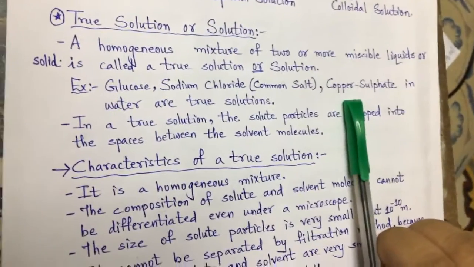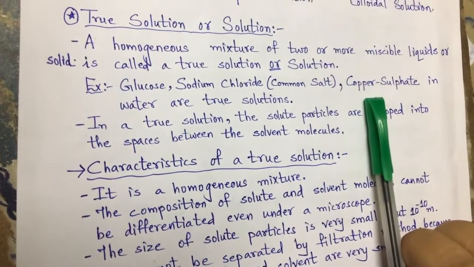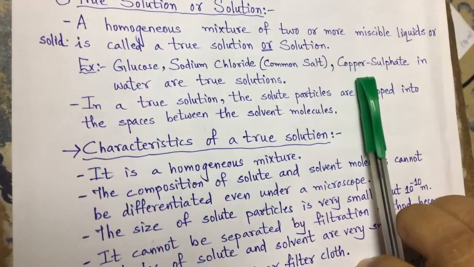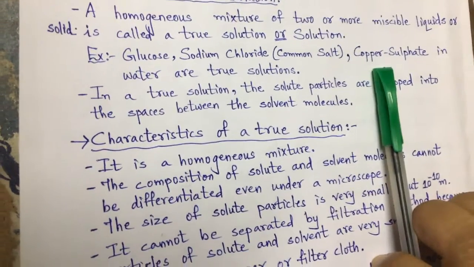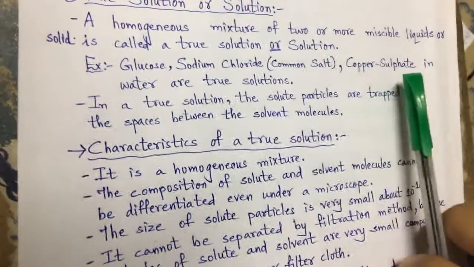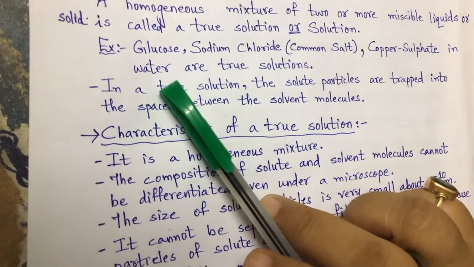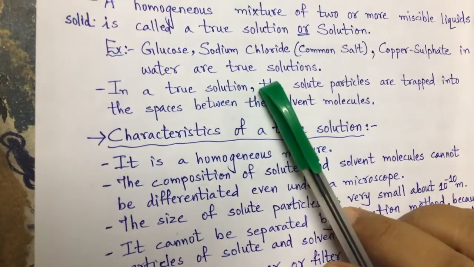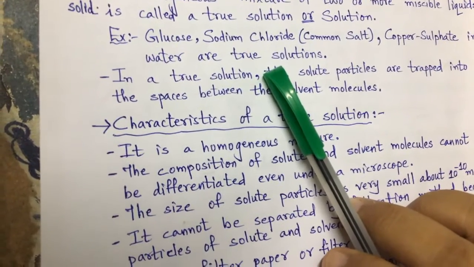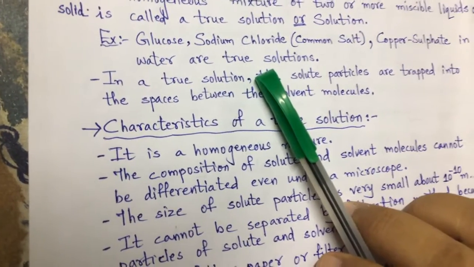If you remember the last week video, the sky blue color solution which we prepared is of copper sulfate. So when this type of powder is dissolved in the water, you will get a true solution, a complete homogeneous mixture throughout, from top to bottom.